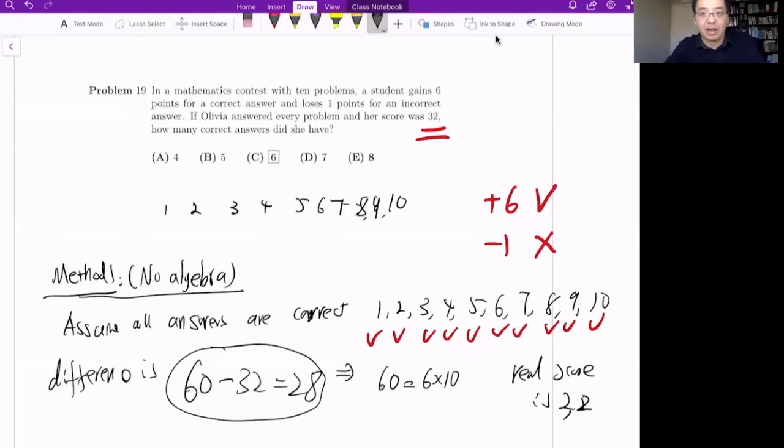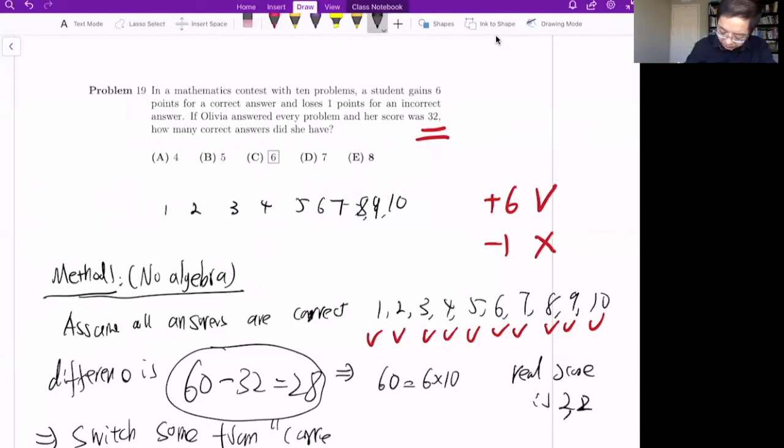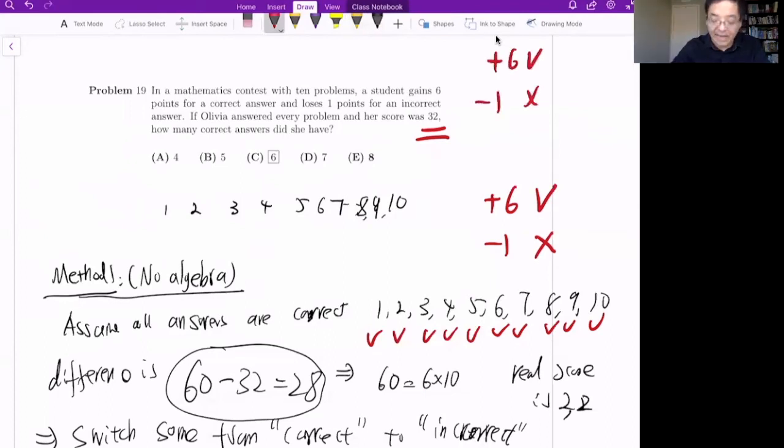That means not all of them are correct. Some of them are incorrect. So we need to switch some from correct to incorrect. A correct answer is 6 points, and an incorrect answer is -1 point.